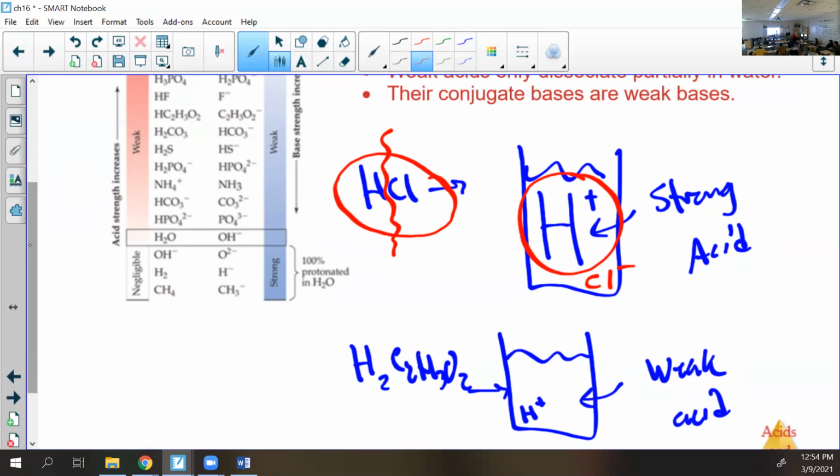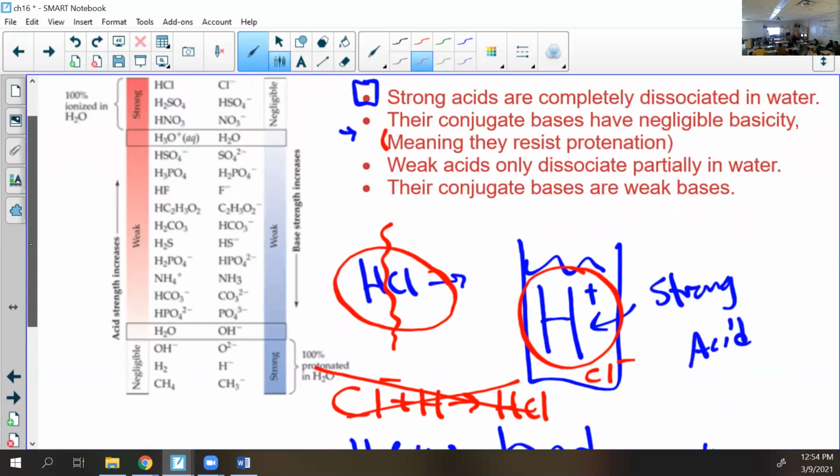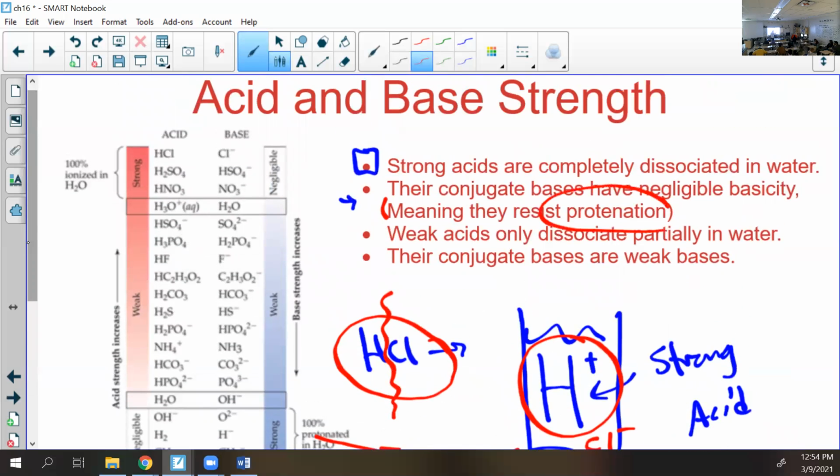So the reaction Cl minus plus H goes to HCl doesn't really happen. We can make it, but in water, when it's dissociated, Cl minus does not have the ability to grab an H and become protonated. It resists protonation.